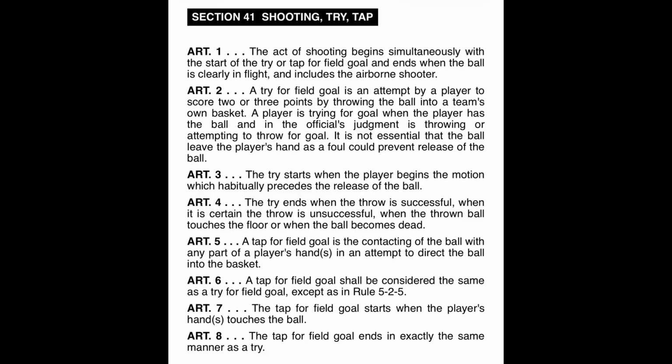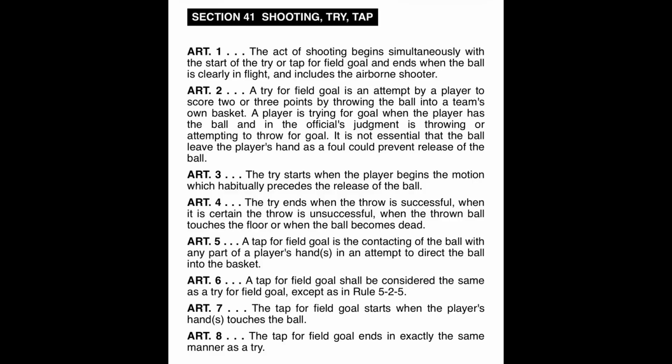Now let's get to the heart of our keywords here, try and tap. A try for field goal is an attempt by a player to score 2 or 3 points by throwing the ball into a team's own basket. A player is trying for goal when the player has the ball and, in an official's judgment, is throwing or attempting to throw for goal.